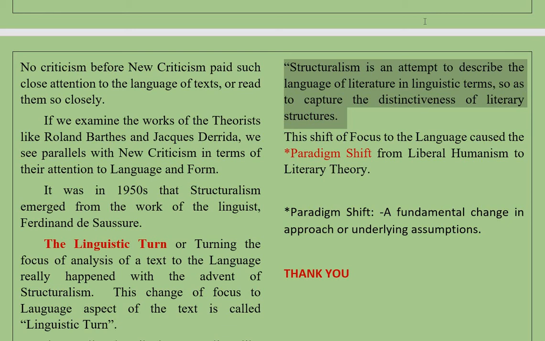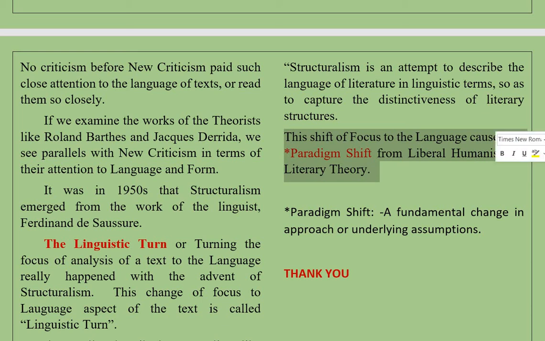However, structuralists and new critics focused more on the linguistic aspect of literature. This shift of focus to the language caused the paradigm shift from liberal humanism to literary theory. Paradigm shift means a fundamental change in the approach or underlying assumptions.